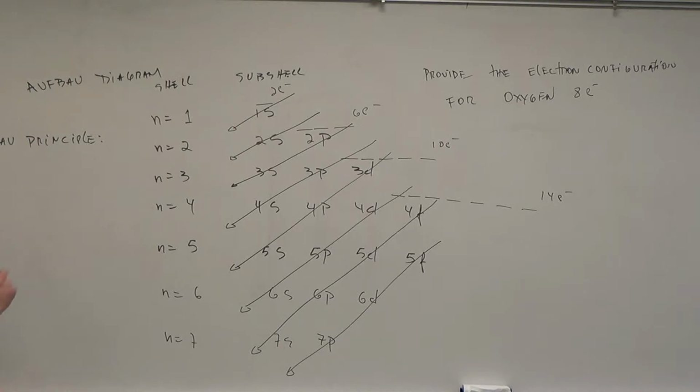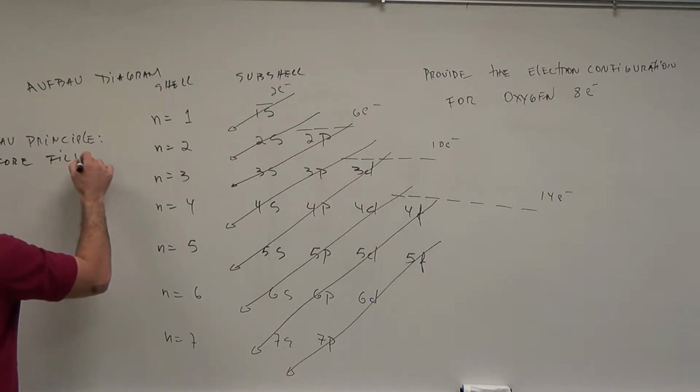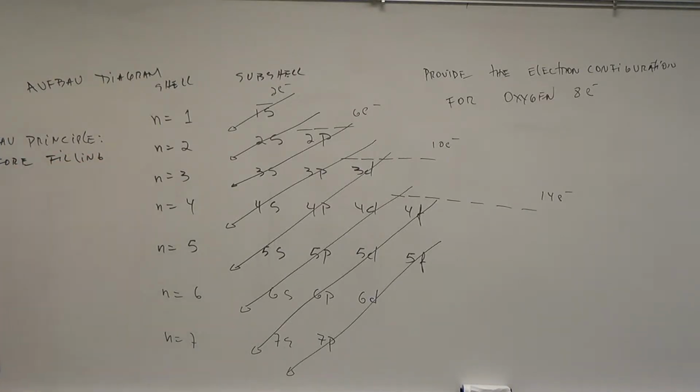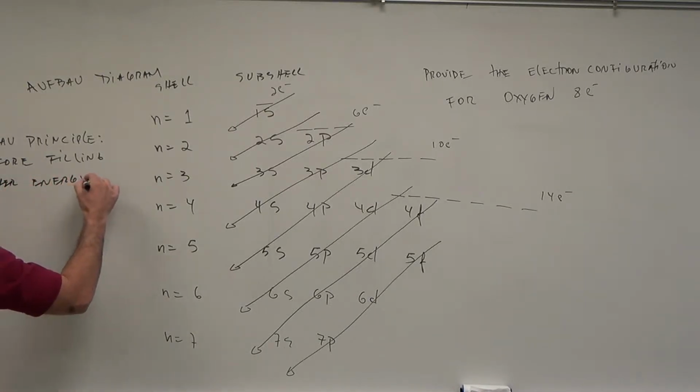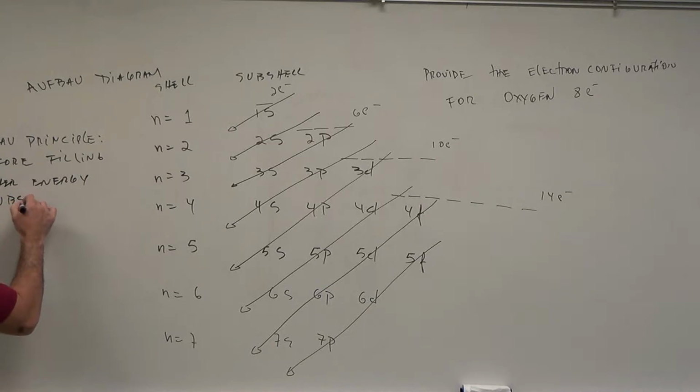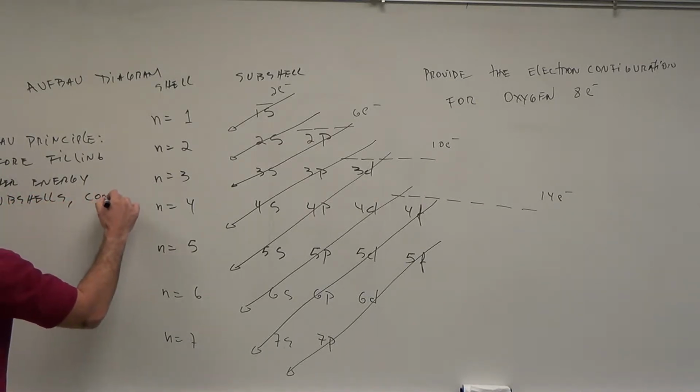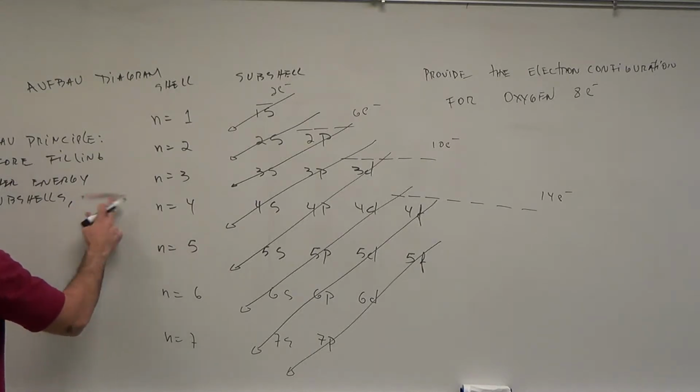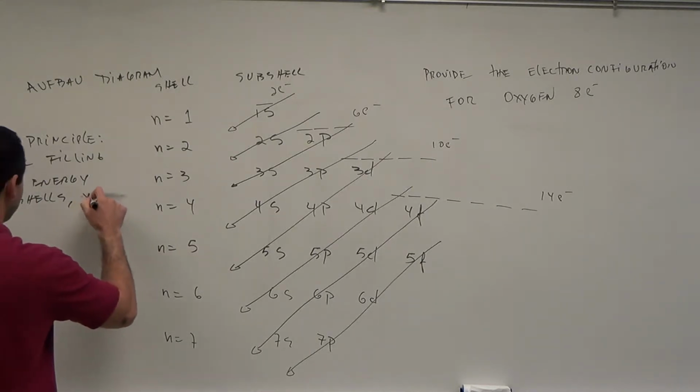So let's write. Aufbau principle says, before filling, and of course, I don't even know if this is a formal statement. Before filling higher energy subshells, let's say U, right?